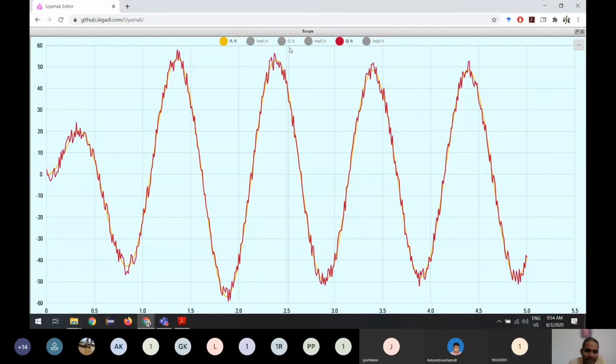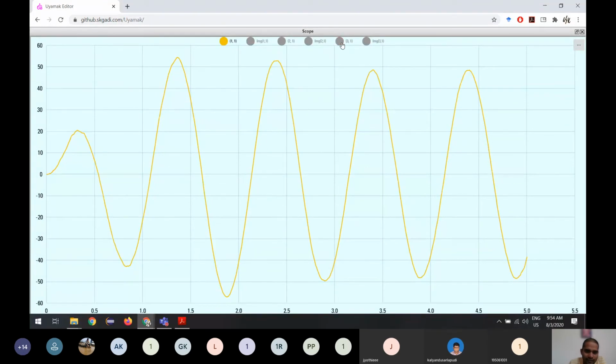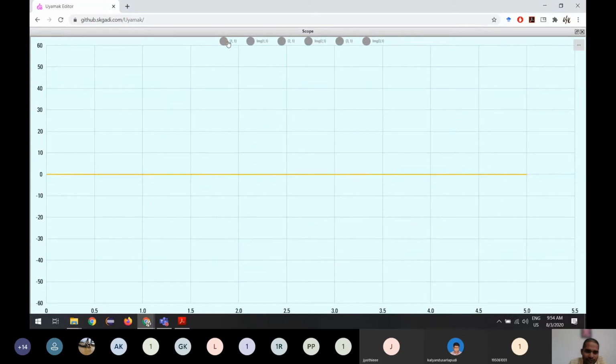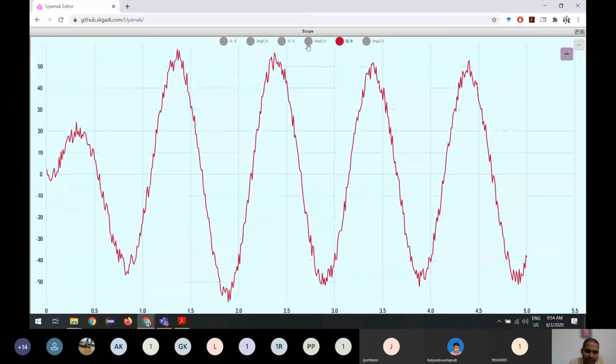See, this is the actual value, but with all the noise we have, we are estimating this value. So we can say that the Kalman filter is working, but in the next simulation I will show more clearly how beautiful it is.